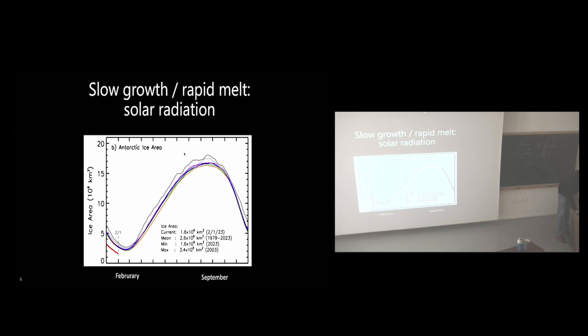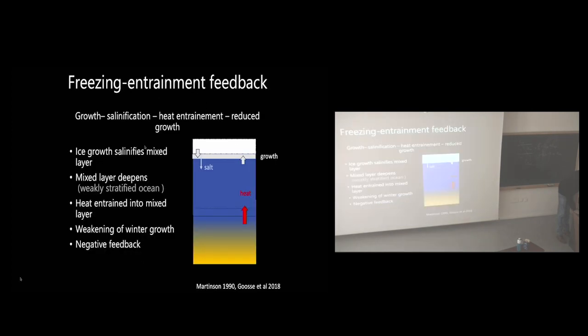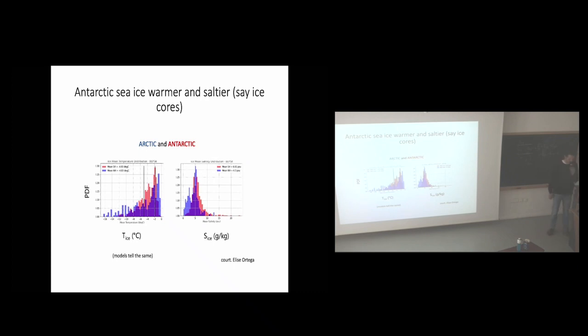Another thing we can come back to in terms of differences between the Arctic and the Antarctic is that if you take ice cores and measure temperature and salinity inside the ice, you can find differences between both systems. Here you have the mean salinity of the ice, and here you have the mean temperature of the ice.